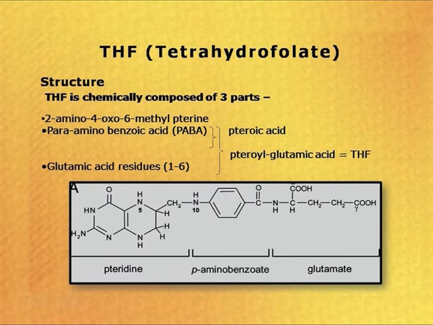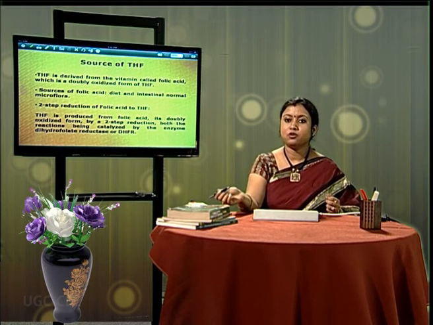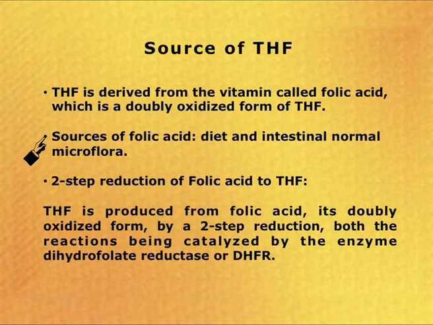Now the first 2 taken together are called pteroic acid, and the 3 units taken together are called pteroyl glutamic acid or tetrahydrofolate. Now the source of tetrahydrofolate is folic acid, which is vitamin H, as we all know, which is the doubly oxidized form of tetrahydrofolate. Now the source of folic acid is from diet or normal intestinal microflora.